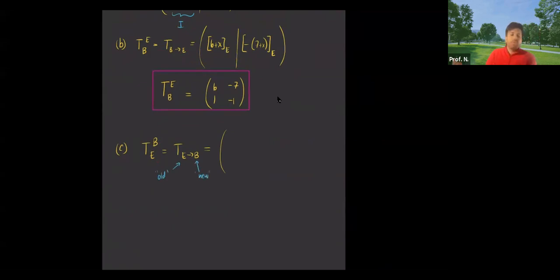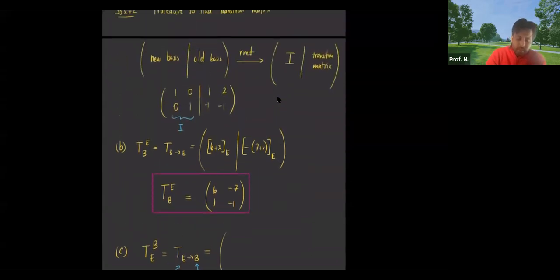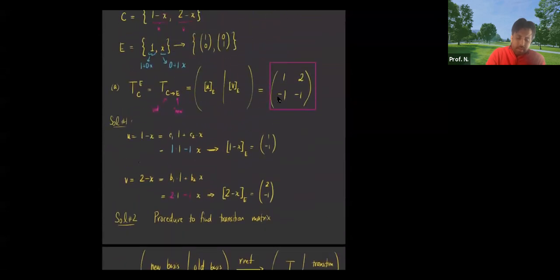So it's like, what if I want to go the other way around? What if I want to start with a vector relative to E, and then transition into something relative to B?